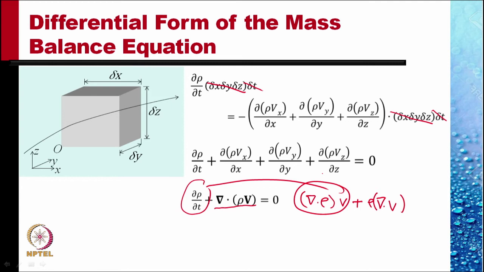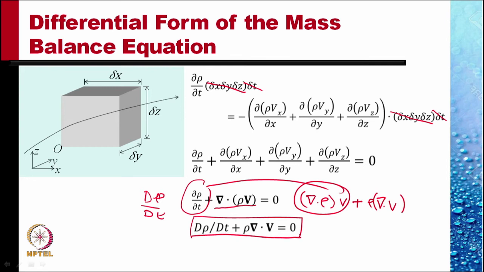This reminds us of the total derivative formula, the Euler acceleration formula that we derived in the last lecture. This is nothing but d rho by dt, the material rate of change of density. And this results in d rho by dt, the material rate of change of density, plus rho times del dot V is equal to 0. This is the differential form of the mass balance equation.